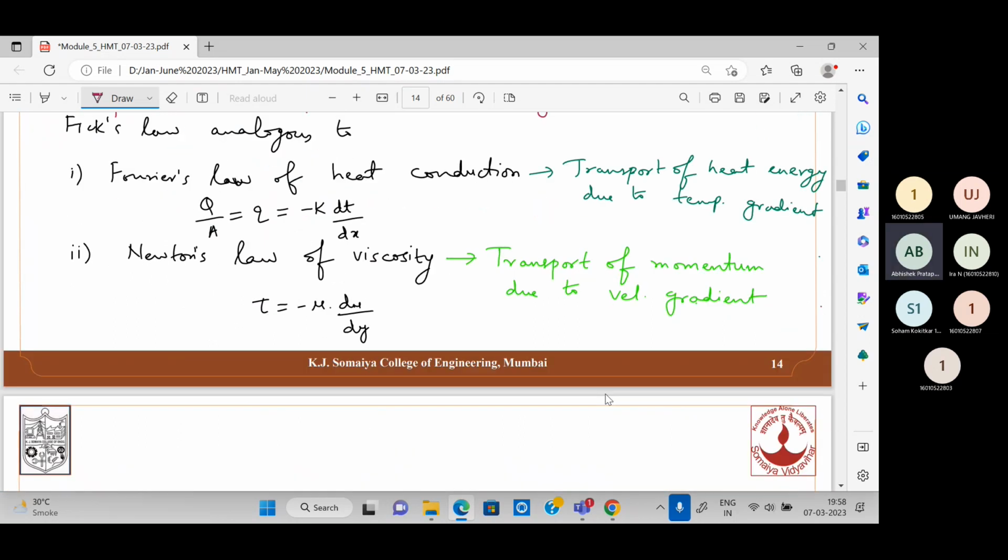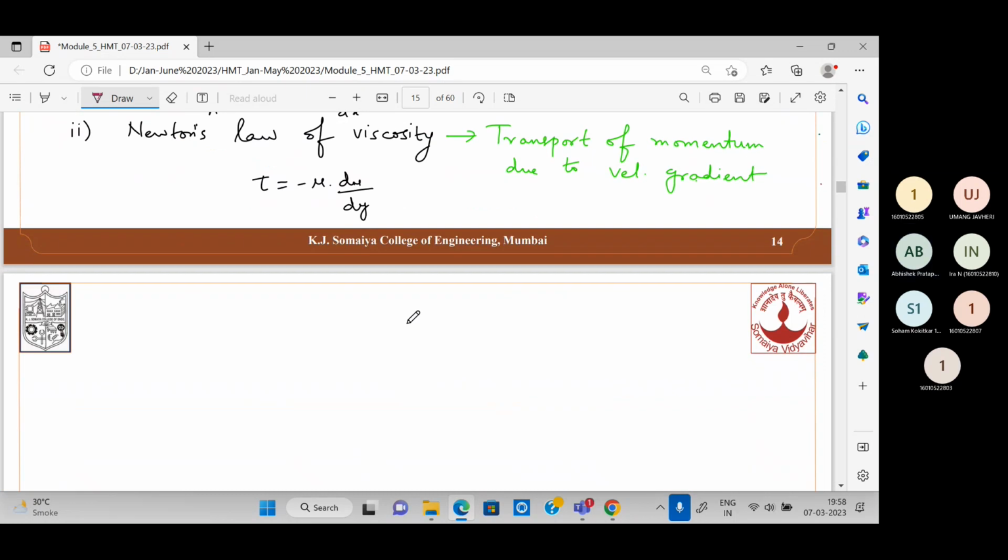Okay, now let's talk about the unit of this diffusion coefficient. Let's talk about this.